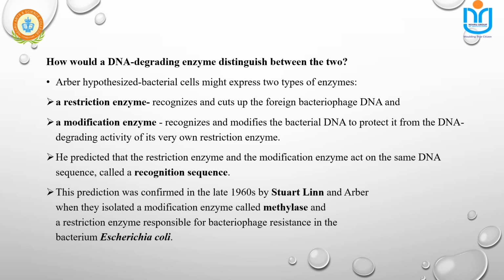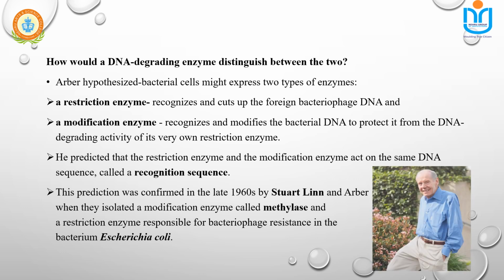He predicted that the restriction enzyme and the modification enzyme act on the same DNA sequence called a recognition sequence. This prediction was confirmed in the late 1960s by Stuart Linn and Arber when they isolated a modification enzyme called methylase and a restriction enzyme responsible for bacteriophage resistance in the bacterium Escherichia coli.